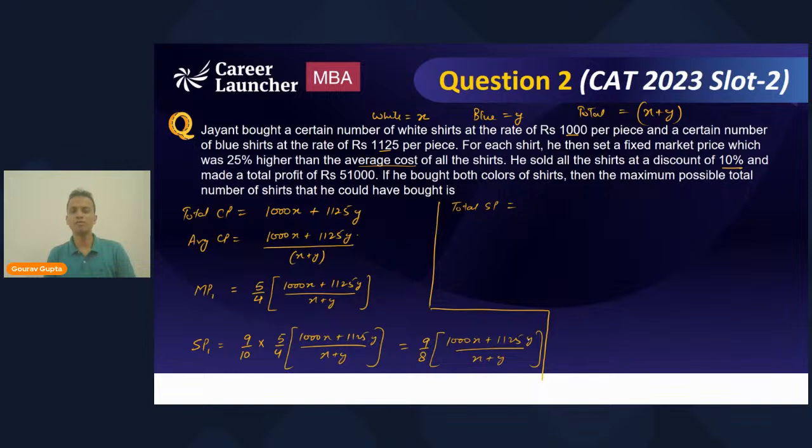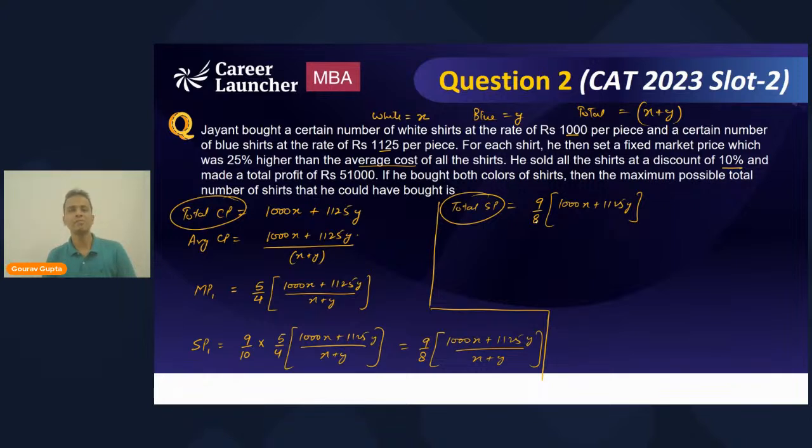At the bottom of the screen, you can see the selling price of one shirt, multiplied by x plus y, it will give me 9 by 8 times (1000x plus 1125y). So this is the selling price of the total number of shirts. Now I have the total cost price and the total selling price. If I take the difference, I will get the profit.